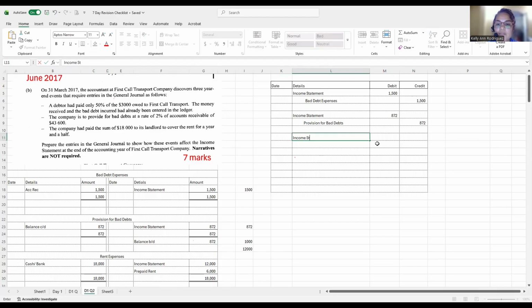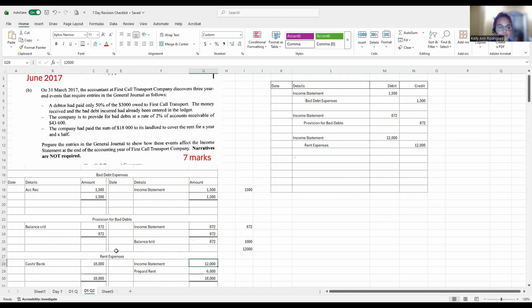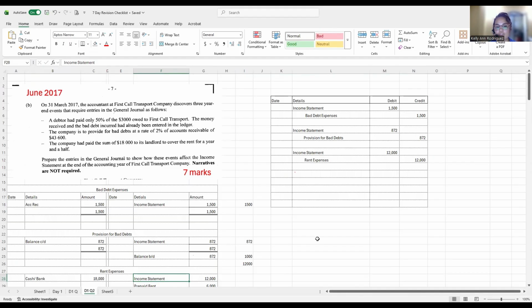So your income statement will be debited for 12,000, and your rent account with your indented figure should be credited for 12,000, which will show you your double entry. Rent was credited for 12,000 here, and your income statement would have been the other account that is being debited. And that would have given you your full 7 marks.